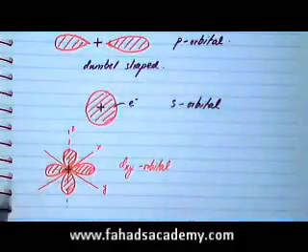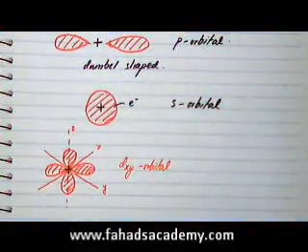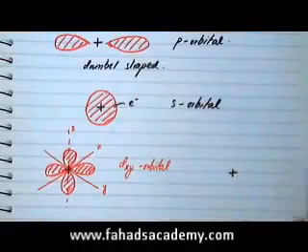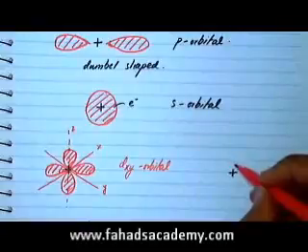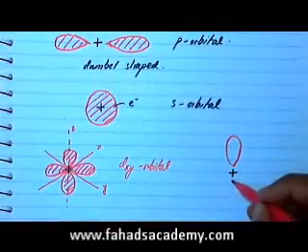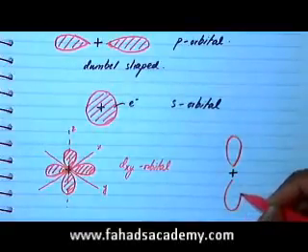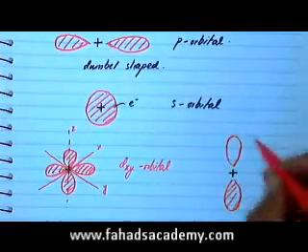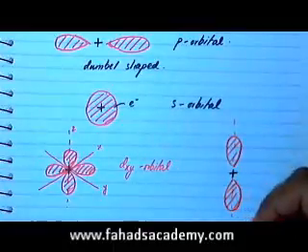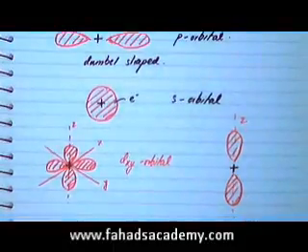Let's talk about another d orbital, or another region in space where you might find an electron. It looks like this. There's a nucleus, and there's a region on top of that nucleus, and there's a region at the bottom of the nucleus where you might find an electron, lying on the z-axis.